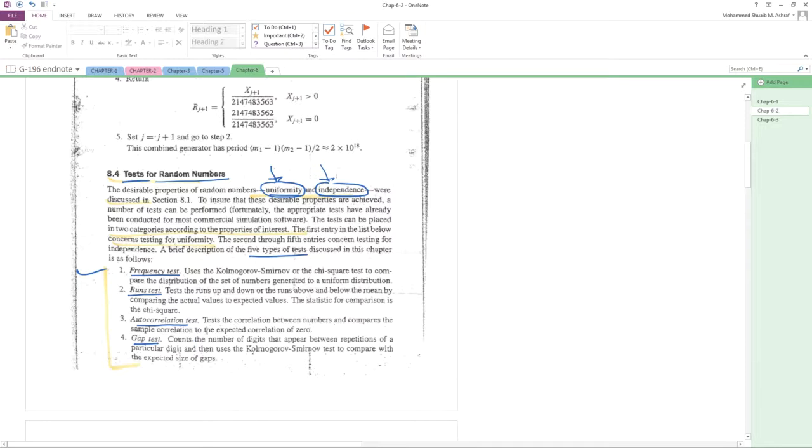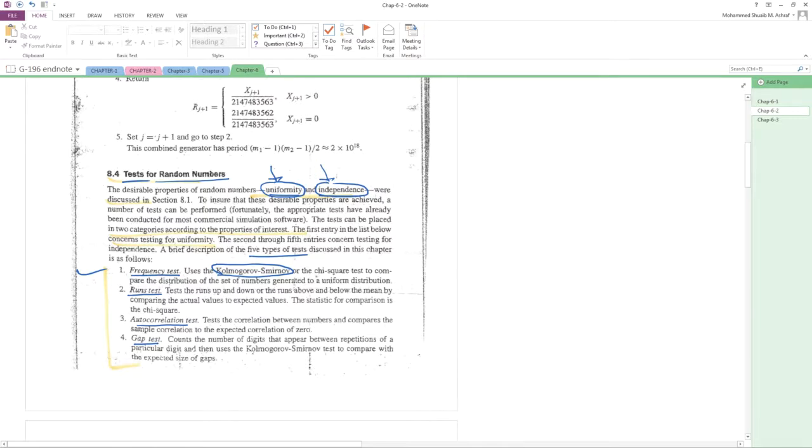We will see them one by one. In the frequency test we will use Kolmogorov-Smirnov. We will discuss this alone, with the numerical question and how the question will come.